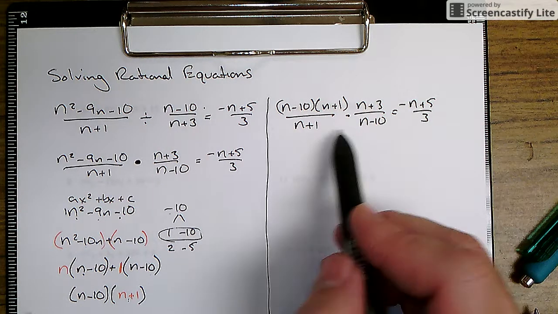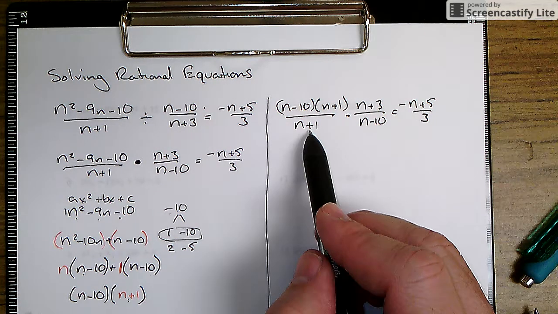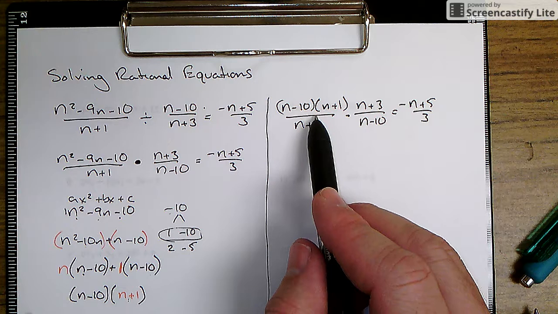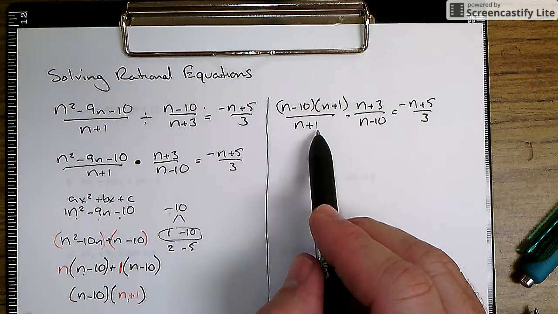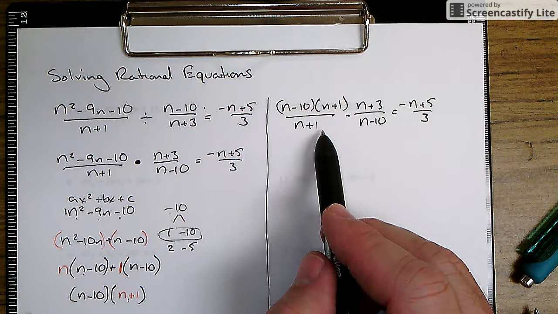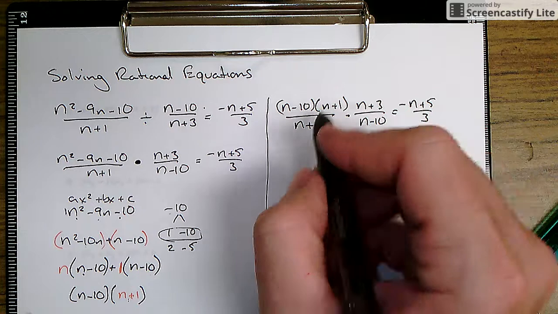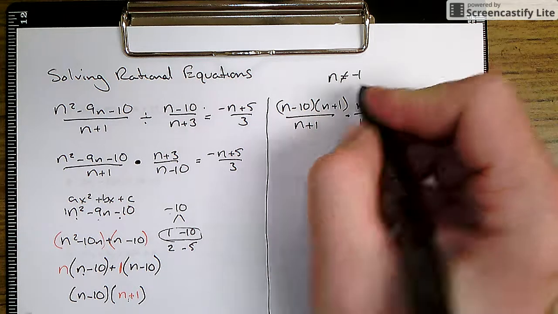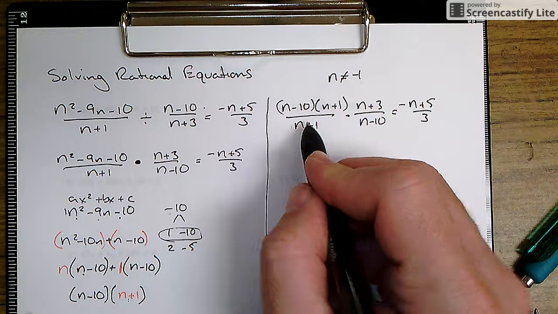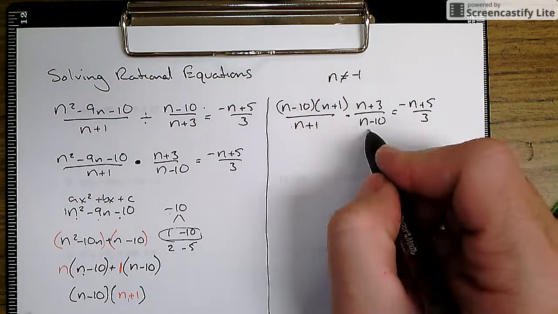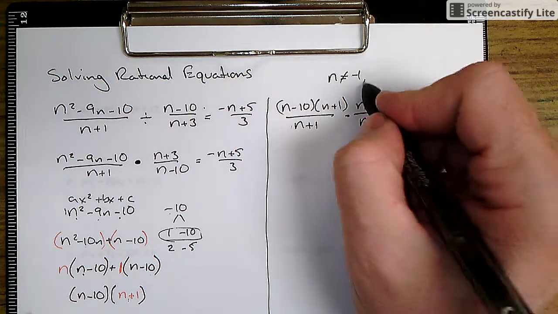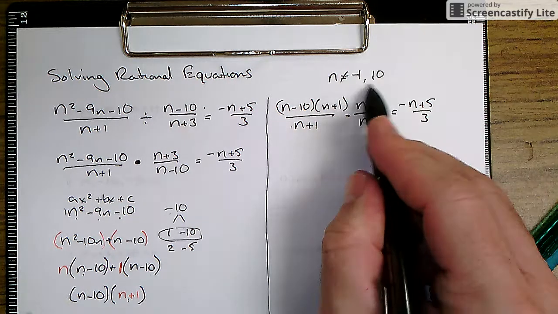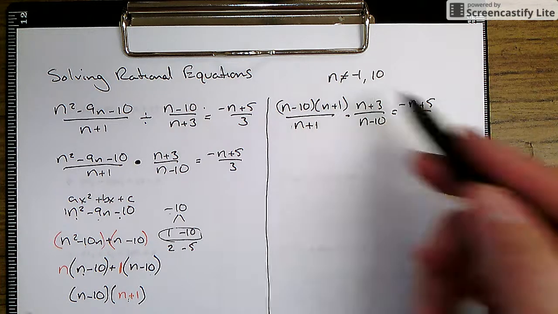Remember, anytime your denominator is equal to 0, your function is undefined at that value because we have division by 0 going on. So whatever solution I come up with, I've got to take these into account. So n cannot equal negative 1 because that would make this denominator 0, nor can it equal 10 because it would make this denominator 0. So whatever solutions I come up with, they cannot be negative 1 or 10.